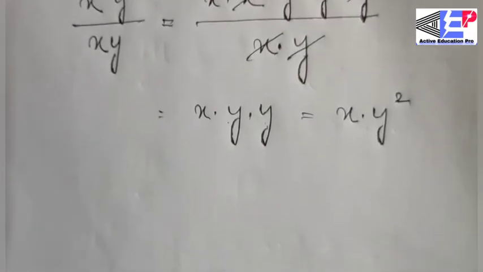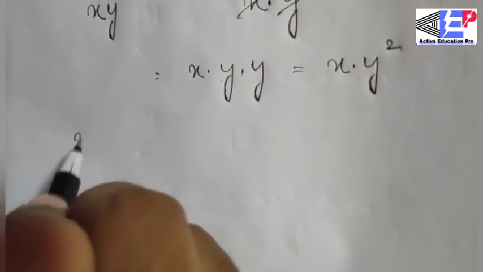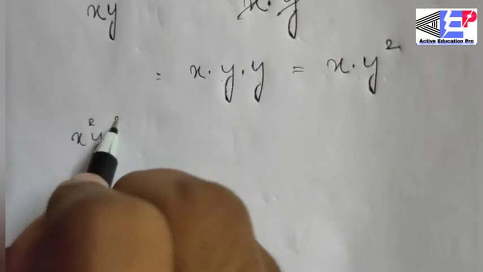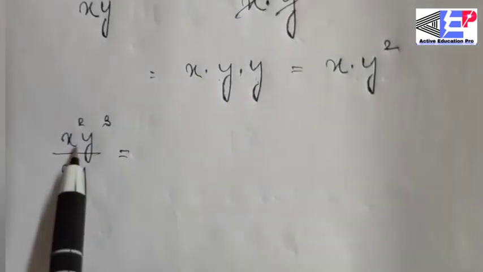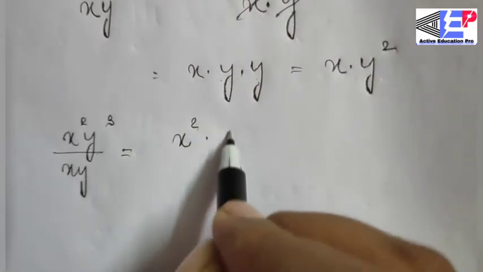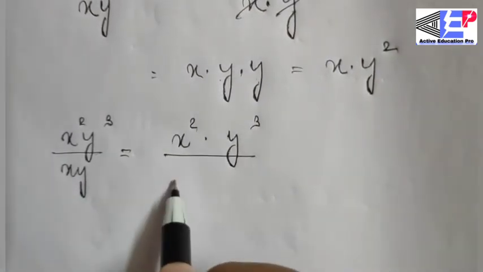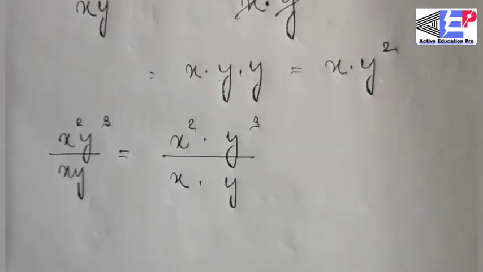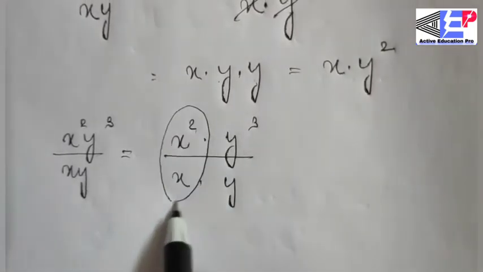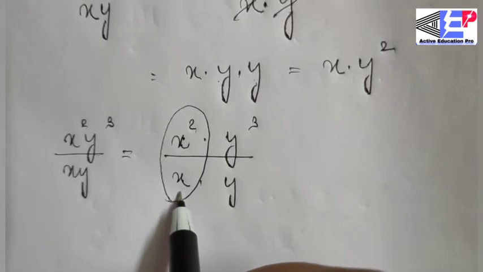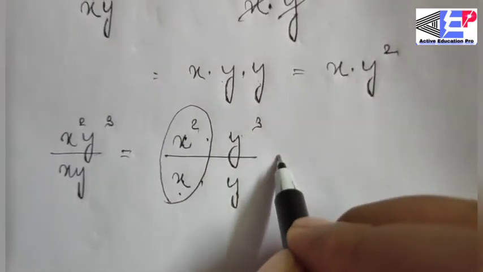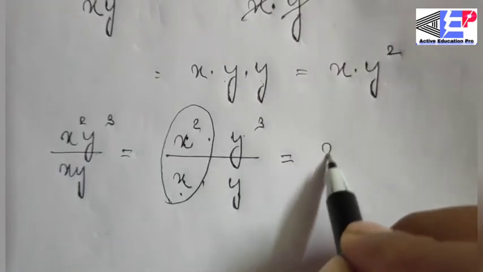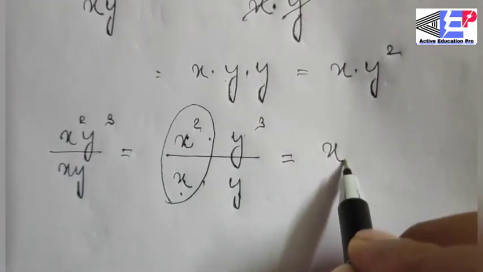Otherwise we can do it like this: x square y cube divided by xy. As per the rule, x square into y cube divided by x into y. In this part, variables same, x, and in this part, variables same, y. Then we write x, and subtract the power of denominator from the numerator.